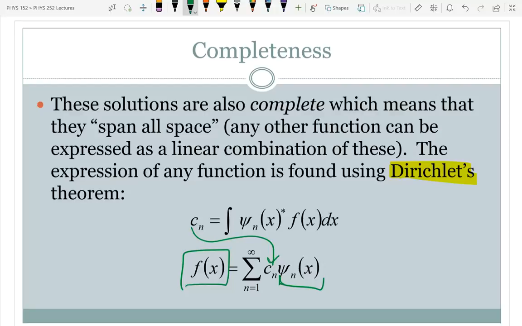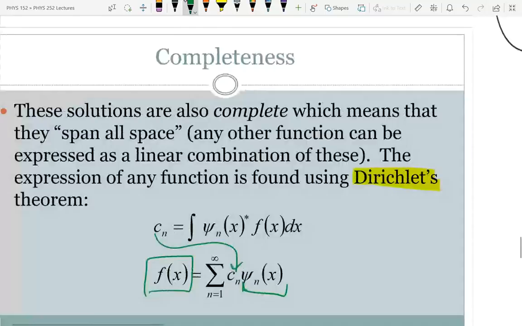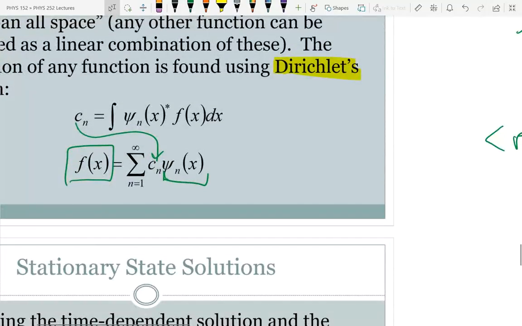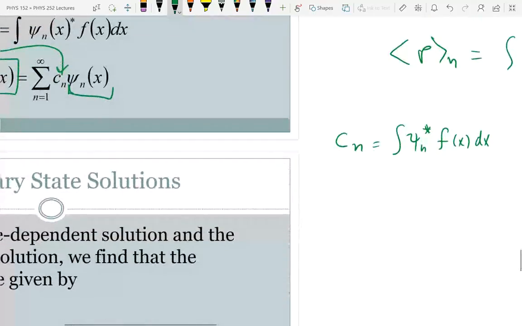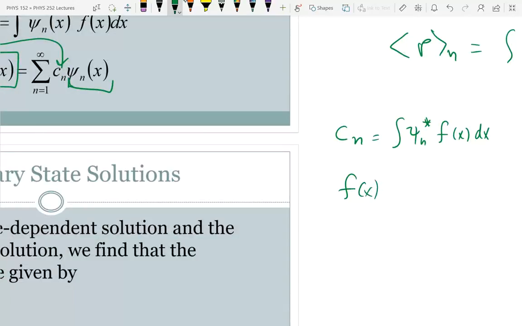Now let's show what that integral is just to make sure it's real clear. So I have C sub n is equal to the integral of psi n star function of x dx, but function of x is equal to the integral, and I'm going to use a different index here. I'm going to use m. So I'm going to plug this function into that definition to see what my C sub n's are.